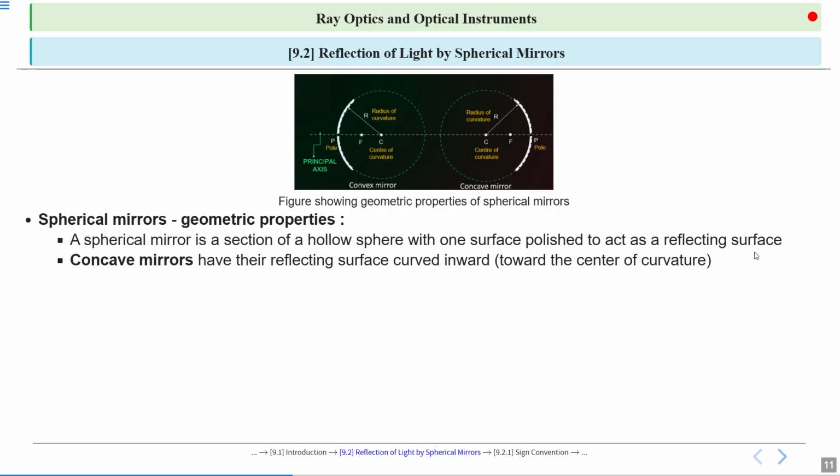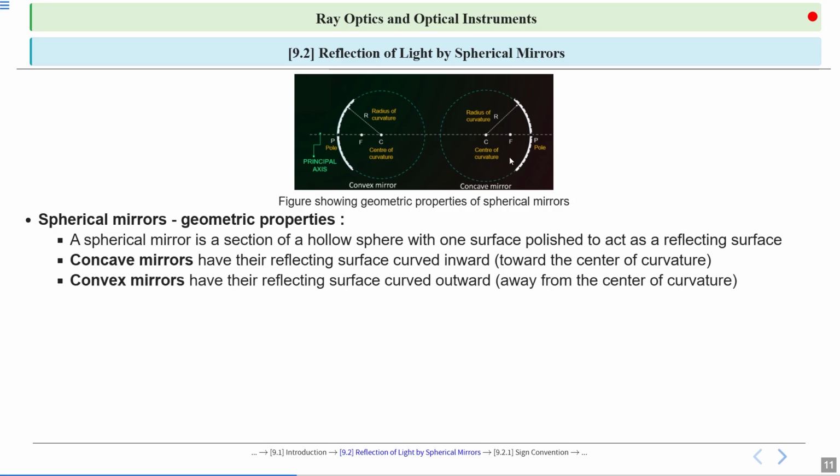Concave mirrors have their reflecting surface curved inwards. So this is a concave mirror, its reflecting surface is curved inwards, and outwards there is polishing. Their reflecting surface is towards the center of curvature.